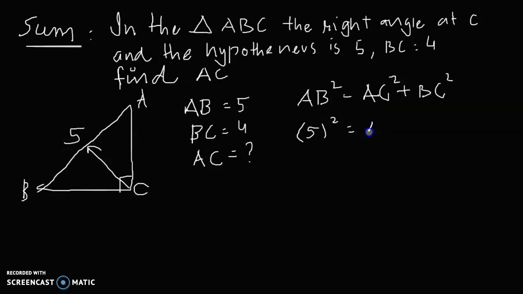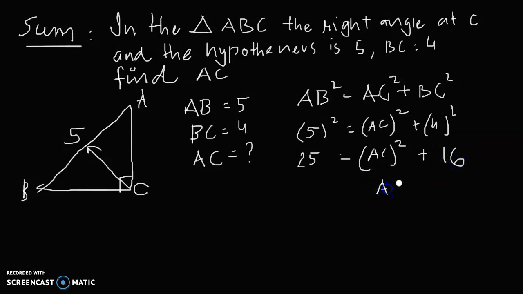AC square we don't know. We have to find this out. Plus BC square. BC square is 4 square. So this is 25 is equal to AC square plus 16.